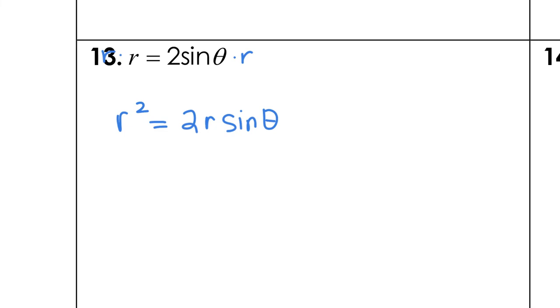I think this is actually going to help me out more because r squared from above, I know I can replace that with x squared plus y squared. And then here, r sine theta, let me highlight it, that's just another way of writing y. So this will be 2y.